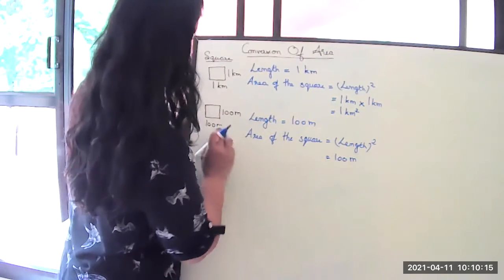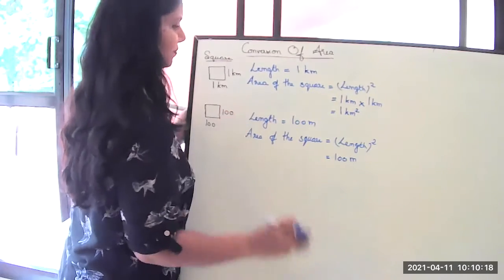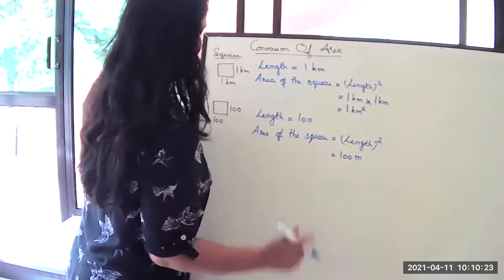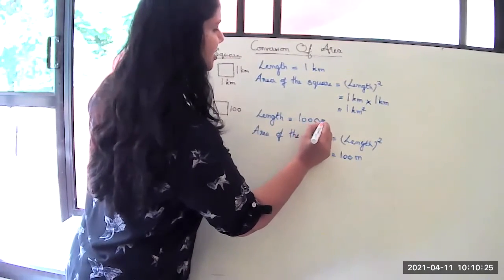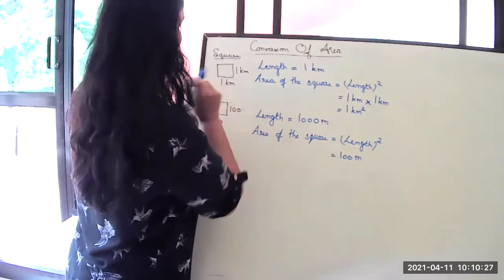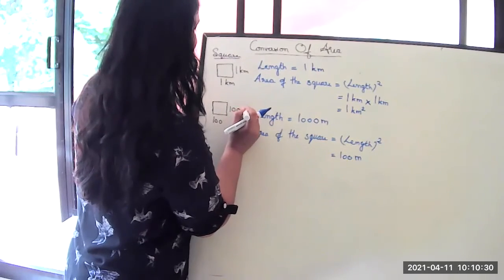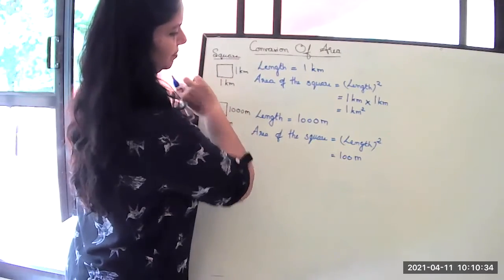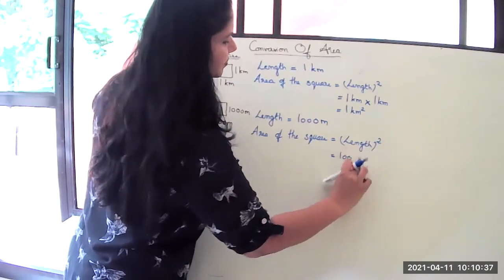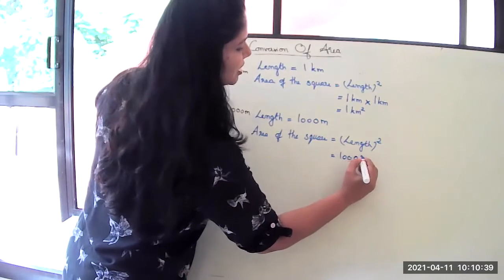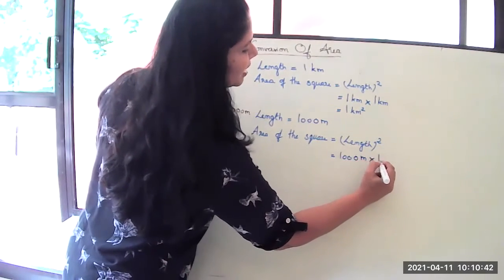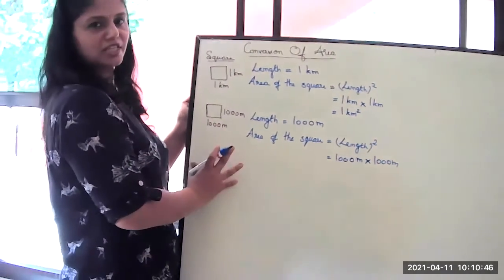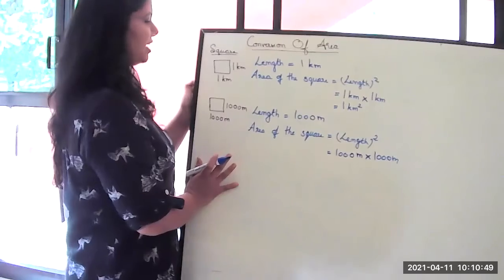Sorry, it's not 100 meter, it's 1000 meter. Oh, total mistake. So it is 1000 meters. Let me correct it. 1000 meter multiplied by 1000 meter. Okay, so in this section I made a huge mistake.